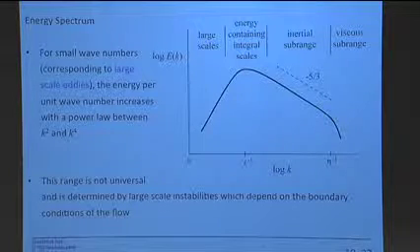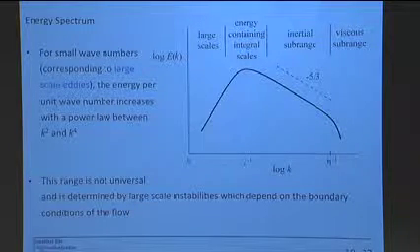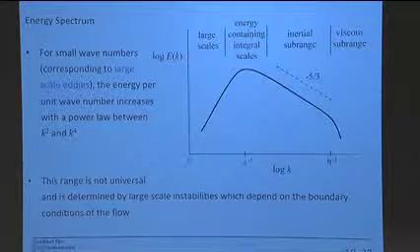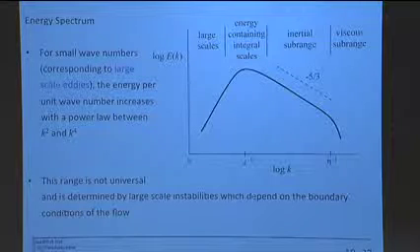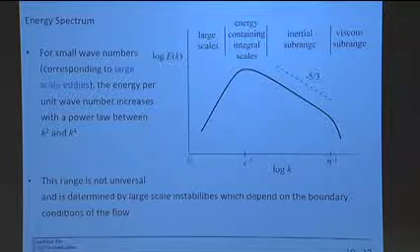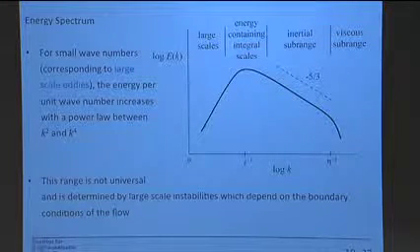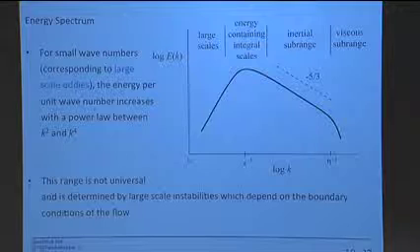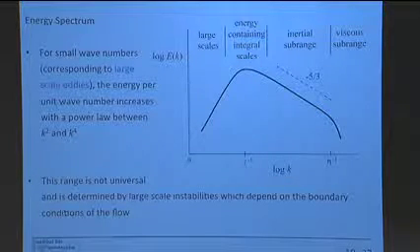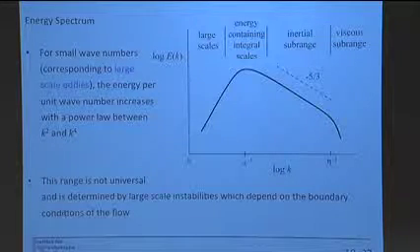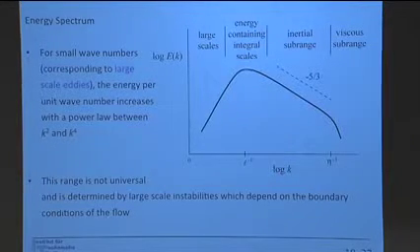By making that assumption, you can find that the turbulence statistics here should be dependent only on one single parameter. That single parameter is epsilon, and scaling arguments tell you that the function here should be a universal constant times epsilon to the 2/3 times k, the wave number, to the minus 5/3.